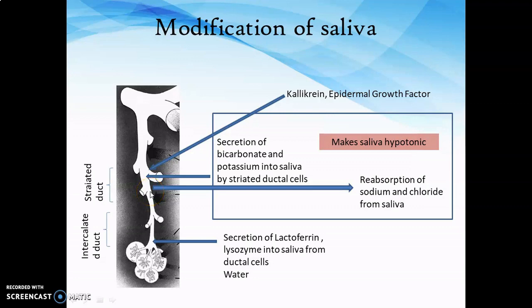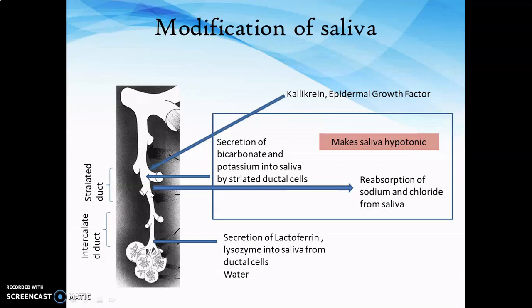As we have discussed already, striated ductal cells are highly characteristic structurally. The cells lining the striated duct, the tall columnar cells, have a lot of basal cell membrane infoldings which increase their surface area, and there are a lot of mitochondria present between these infoldings within the cell.